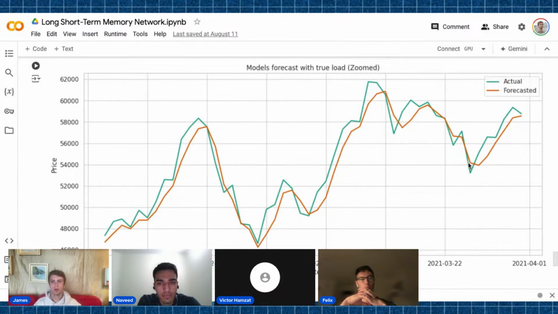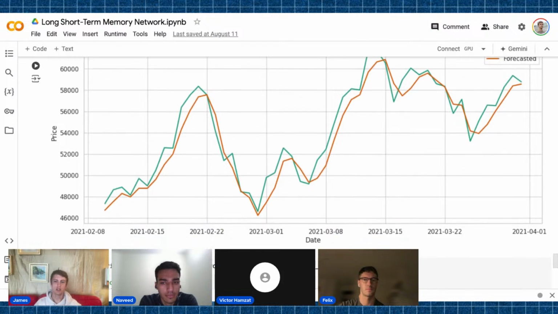For example, here, the next step would have been to go down, and it did go down, but not to the same extent. So it's generally learned some trends having to do with, I guess, volatility in the Bitcoin market, which is interesting.